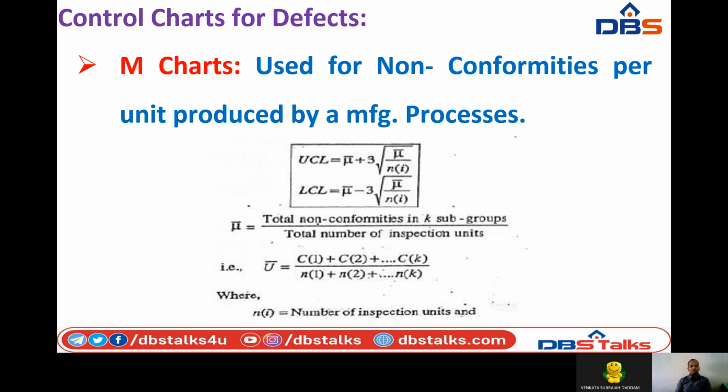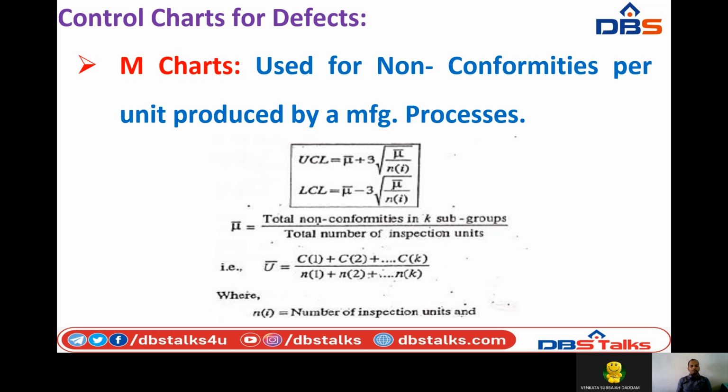So the upper control limit and the lower control limit of these charts will be calculated using the formula: UCL equals mu bar plus 3 into square root of mu bar by n of I. N of I means number of inspection units.